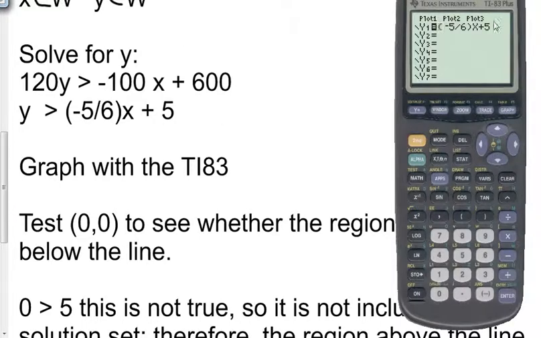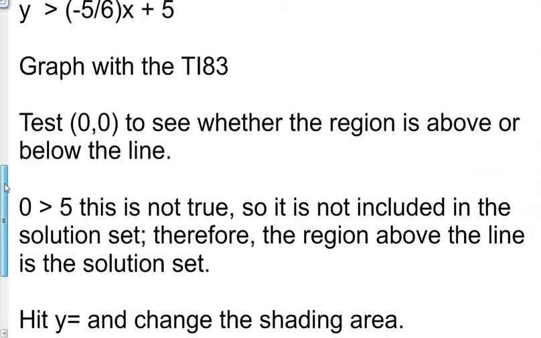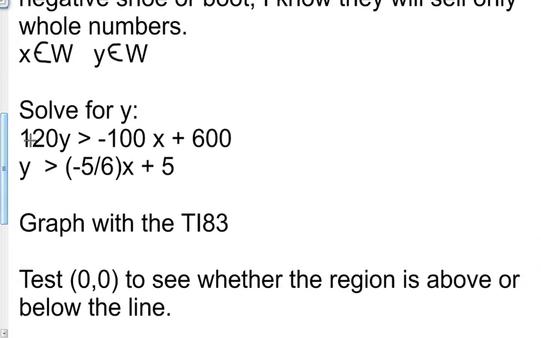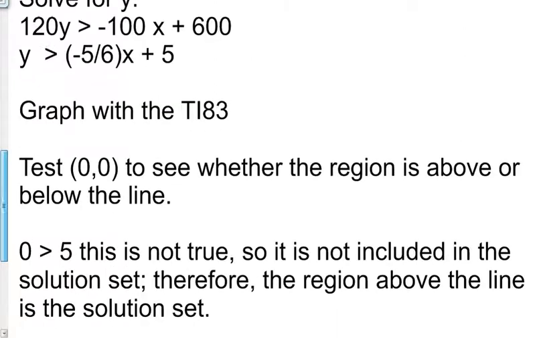I plugged in my solving for y values here, and then I hit graph. It gives me this line. Now I need to see whether point 0, 0 is going to be within my solution set to determine if my solution set is above or below the line. So test 0, 0. 0 is greater than 600. Is that true?